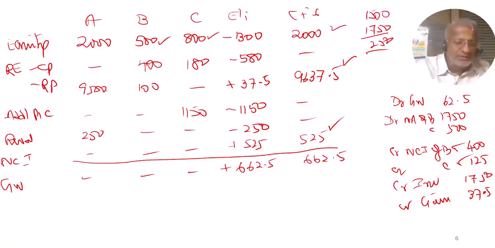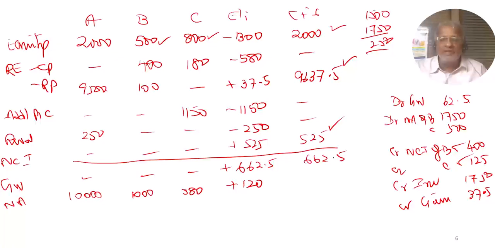Then comes your net assets, which are appearing at 10,000 for A Limited, 1000 in the case of B, and 380 in the case of C, and plus 120, because in all our computation we have taken 500 as a value. On 500 only we have applied 25% to get NCI at 125.